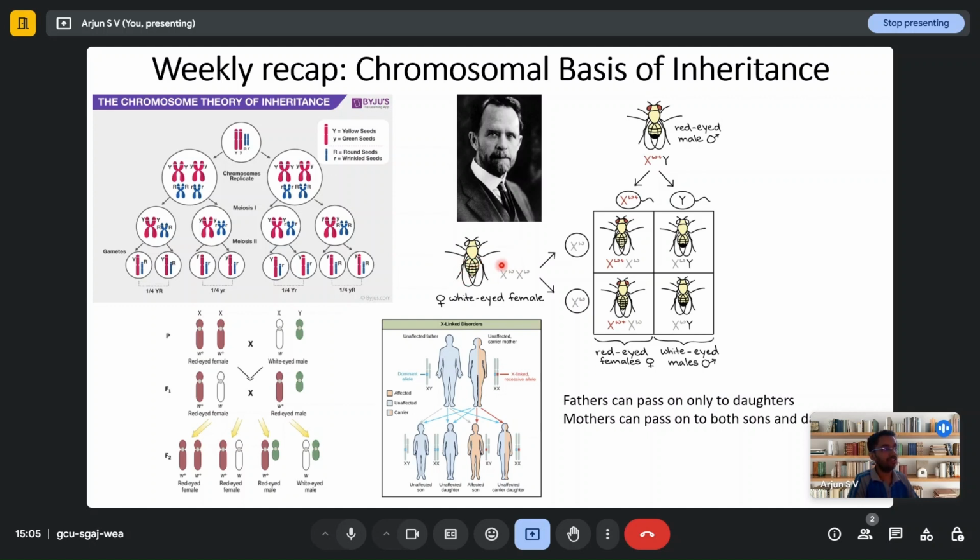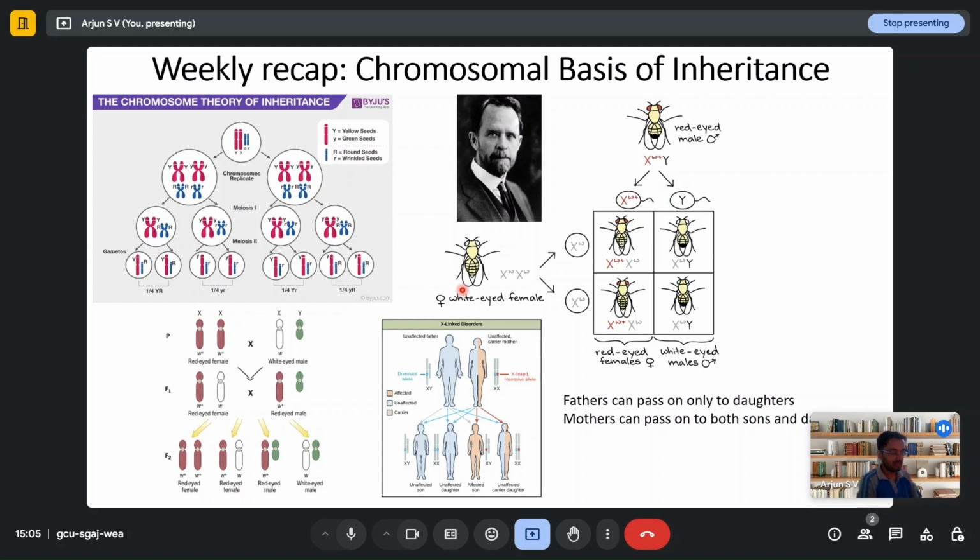So he invented different kinds of experiments using this fruit fly model to see how recombinant type of animals come into existence. So he invented new nomenclatures such as wild type as well as the mutant gene.